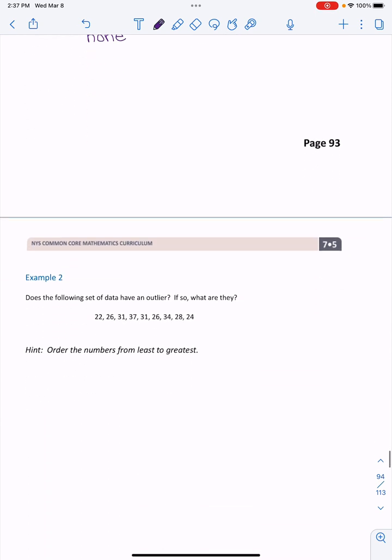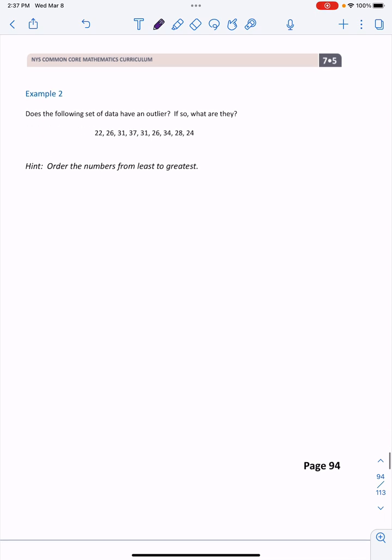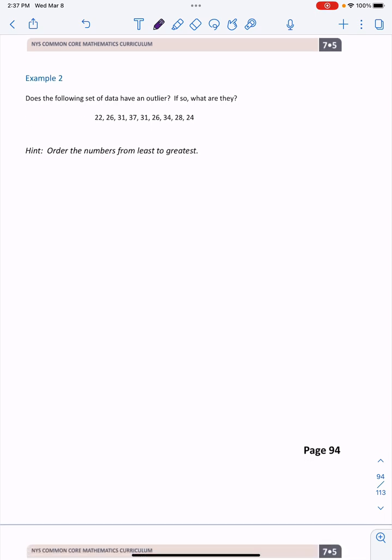Our next example says, does the following set of data have an outlier? If so, what are they? The first thing we have to do is order our numbers from least to greatest.